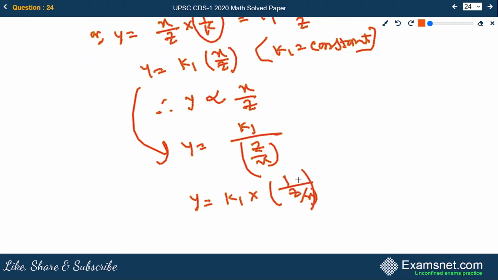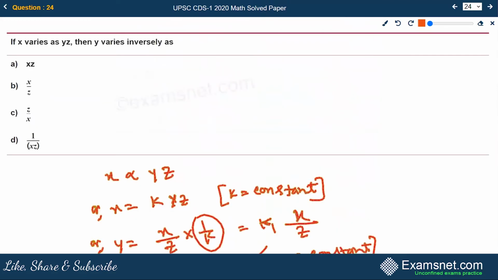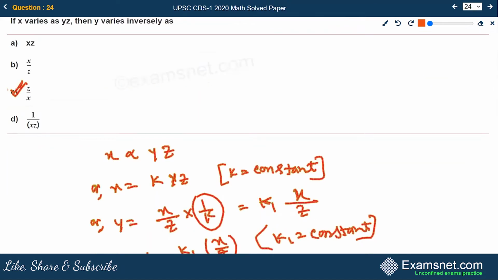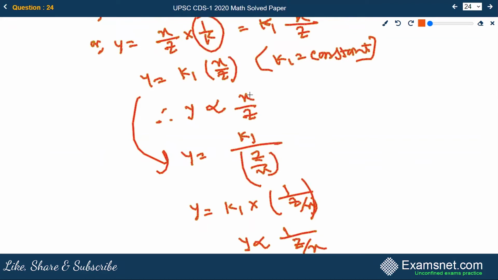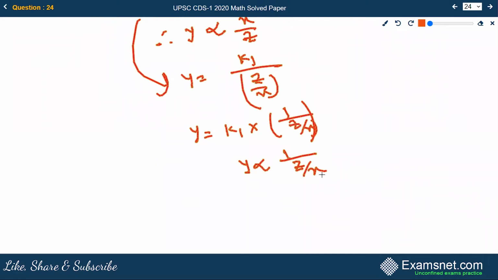So y varies inversely as z by x. Here option C is the correct answer, that is z by x. Please understand, y varies directly with x by z and y varies inversely with z by x.